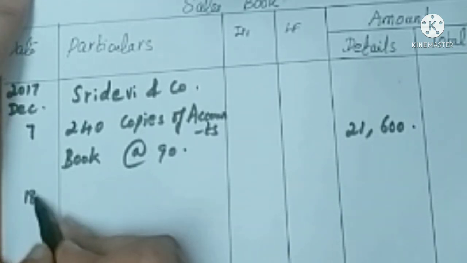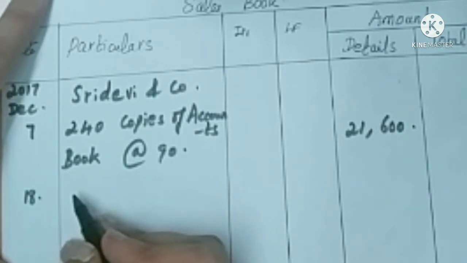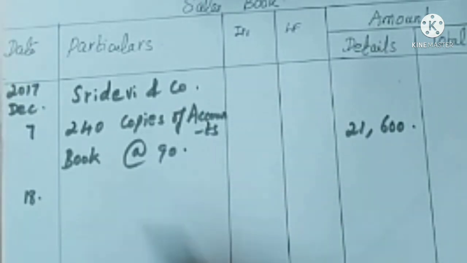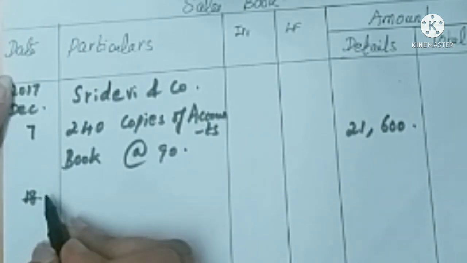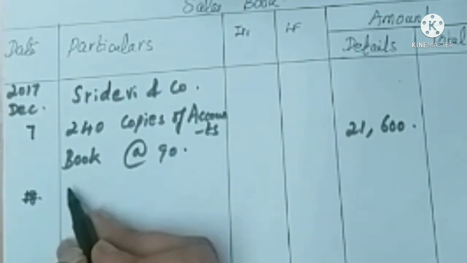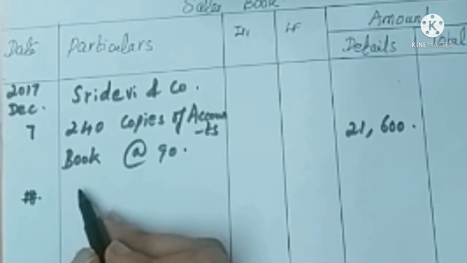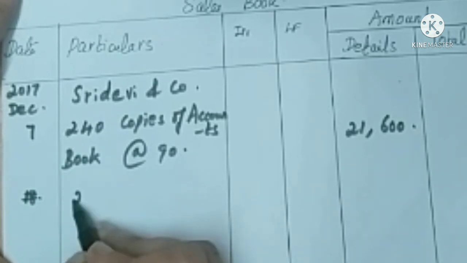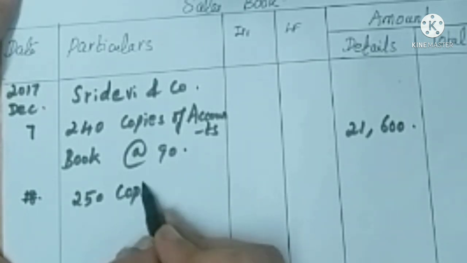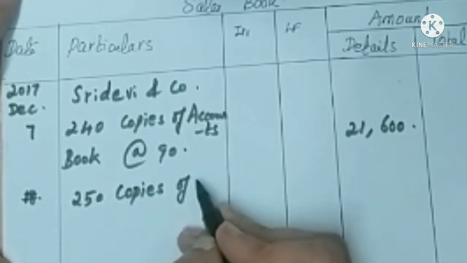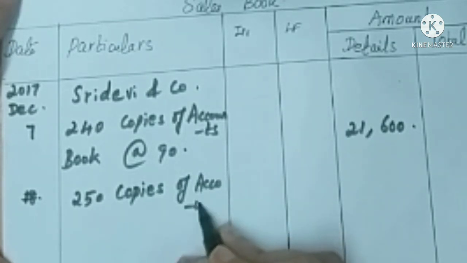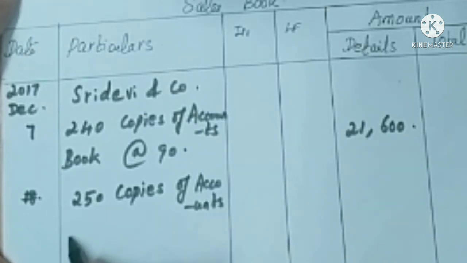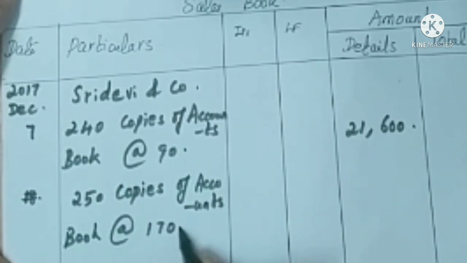So we are selling to Sridevi 250 copies of accountancy book on December 7, at rupees 170 each.